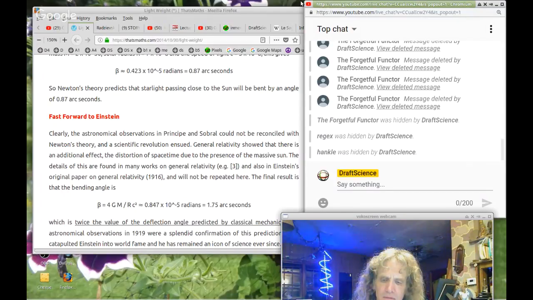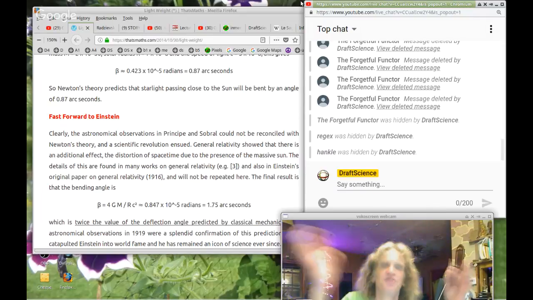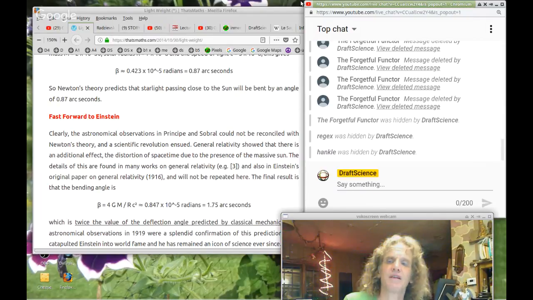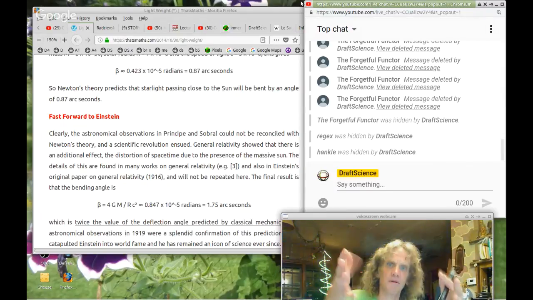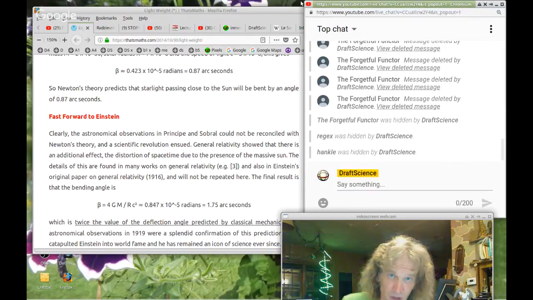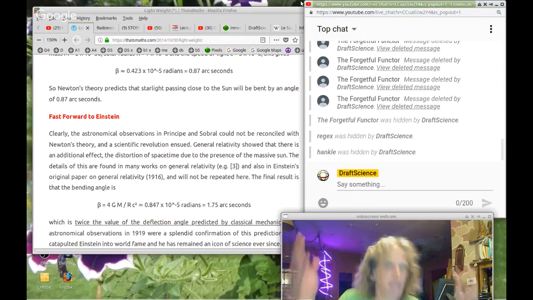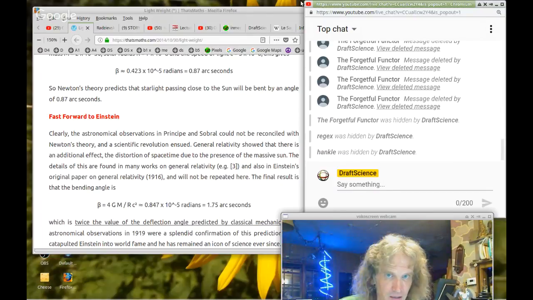Amazing. So the clear point is there's a huge difference between having the number 4 and the number 2. The difference being you've doubled the mass of the sun. So obviously that's a gigantic change in reality.